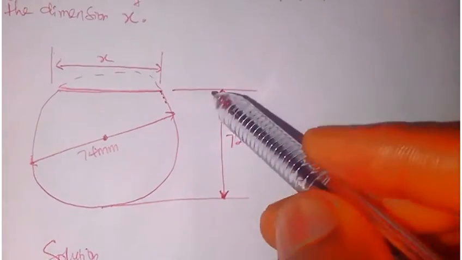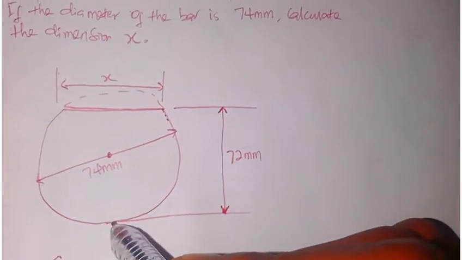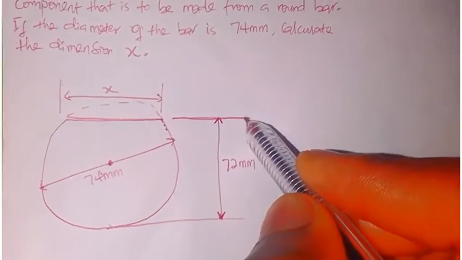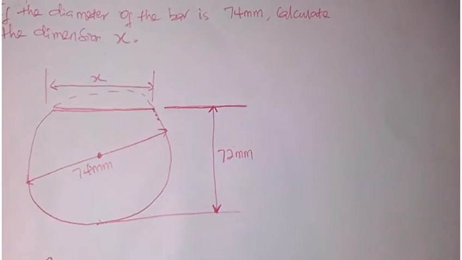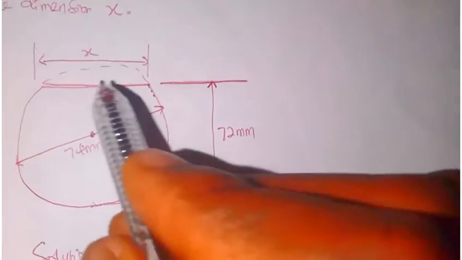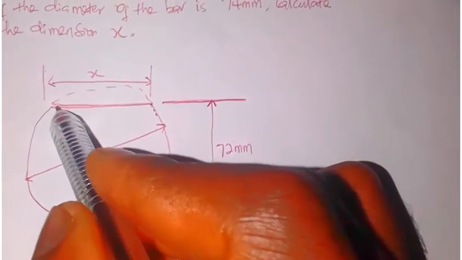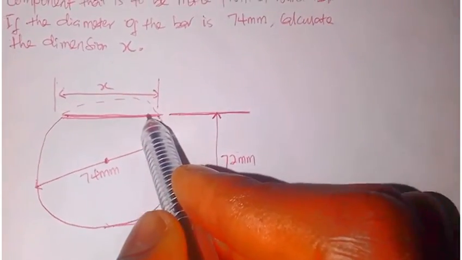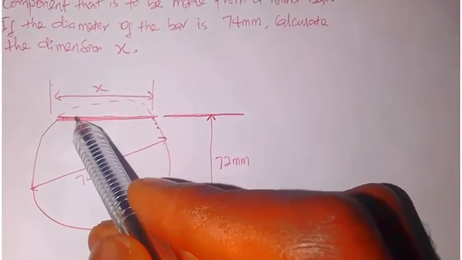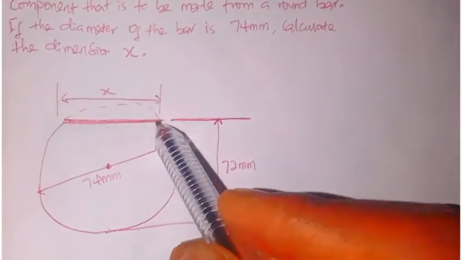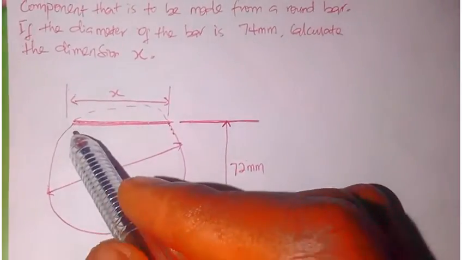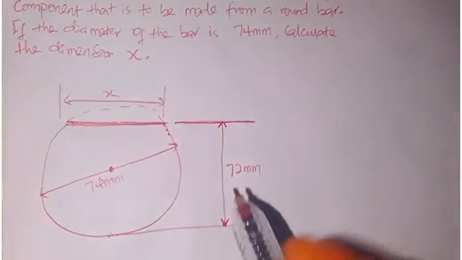Now we are given the length from this part of the circle to where it stopped. How do we find the value of x? Very simple. From this circle, I can call this my chord, because if it was complete, any length touching two points of the circumference is called a chord. So this is my chord.